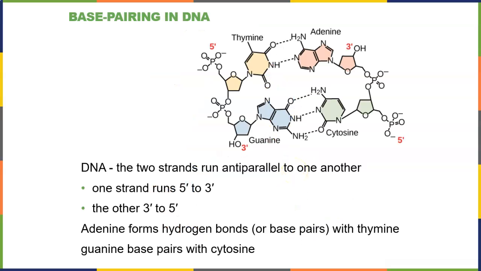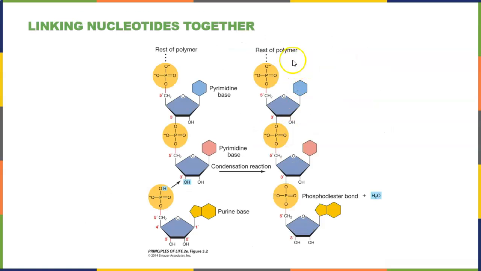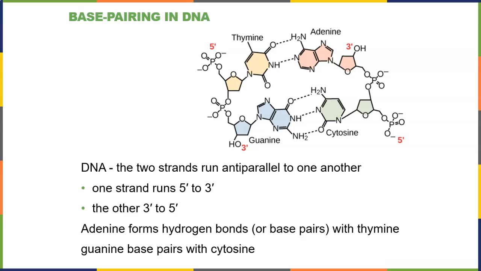What happens though is in DNA we actually have 2 strands, not just a single strand, but another strand, because remember we said it's like a spiral staircase. So the other side of that is going to run in the opposite direction. That's called anti-parallel. They're both going to be lined up next to each other.